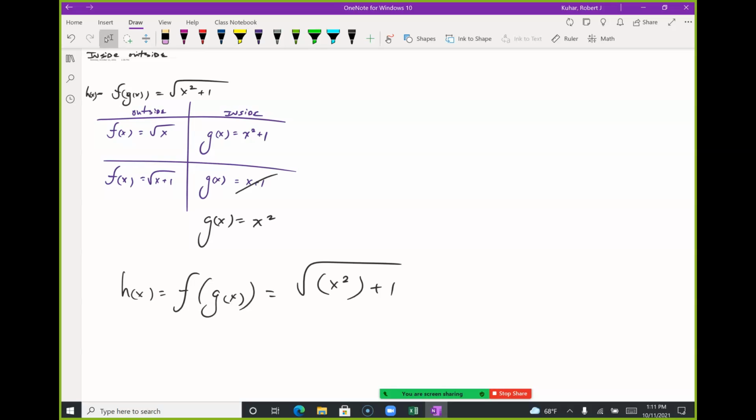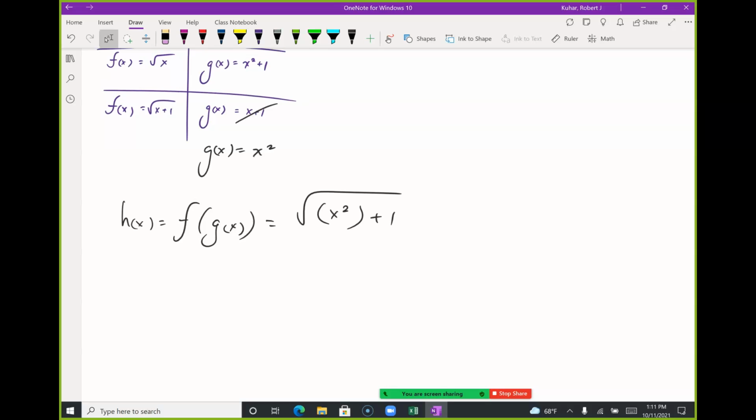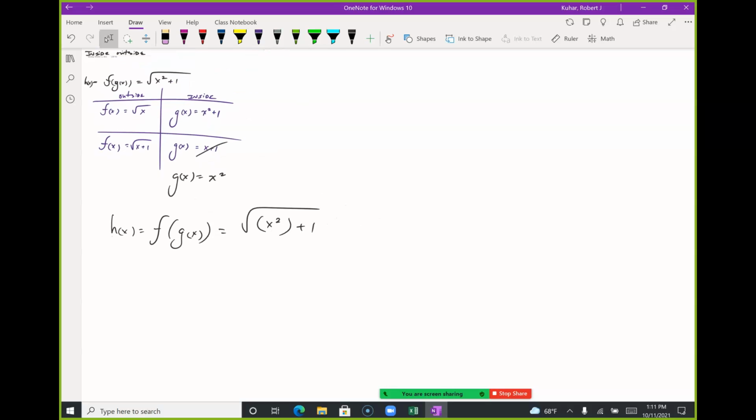Let's try one more like this, and then we can be close to done. Inside-outside rule. Let's see, f composed with g is x over x plus 1.